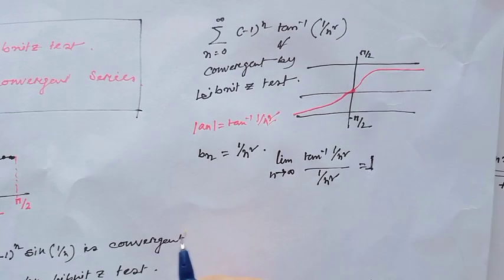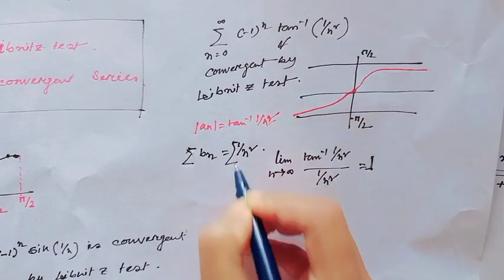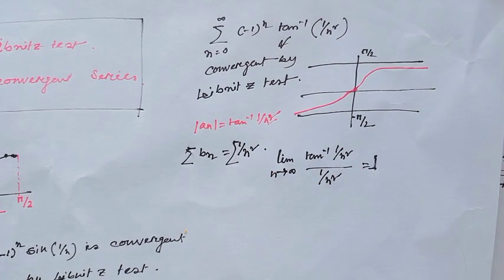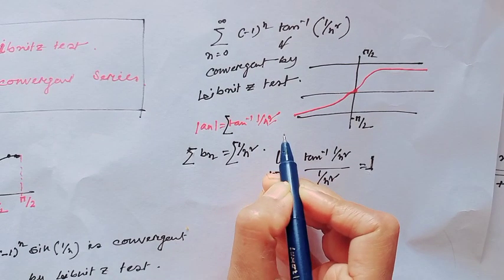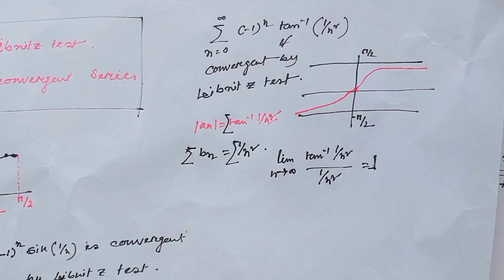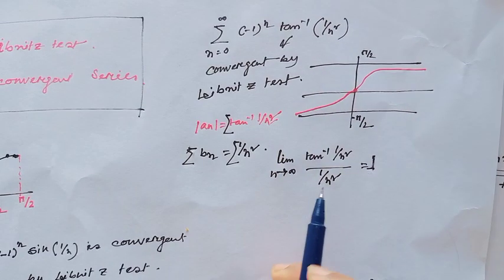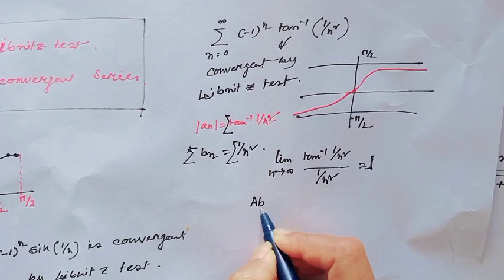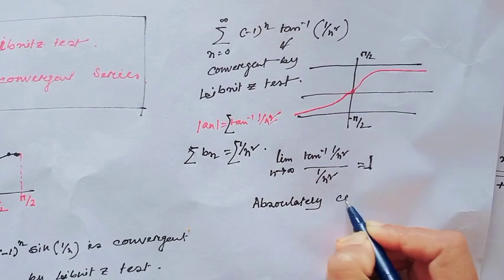Therefore, by the limit comparison test, since the series bn equal to 1 over n square is convergent, we can tell the series tan inverse 1 over n square is convergent. Therefore, this series is convergent by the Leibniz test. Also, this series is an absolutely convergent series.